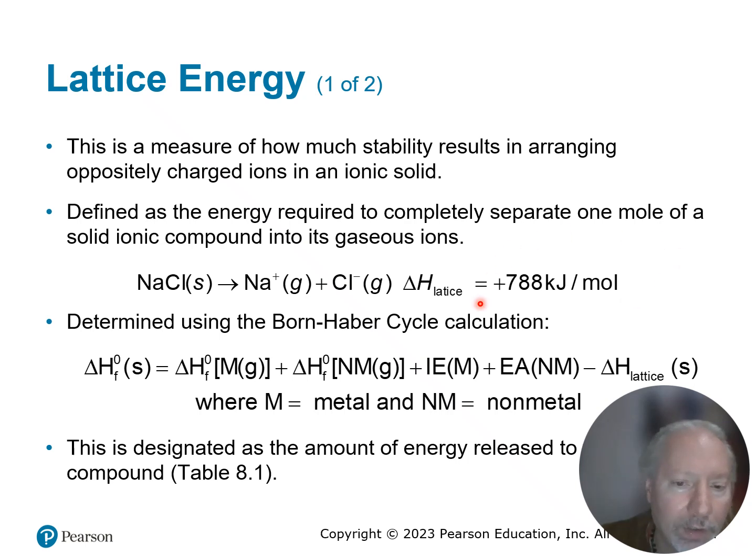And so the definition is to separate 1 mole of solid ionic compound into a gaseous form is here 788 kilojoules per mole. It's going to be positive if we're going this direction. So we have to think about the direction.